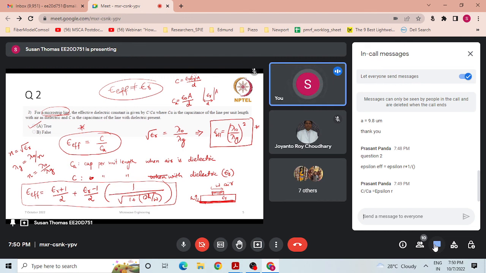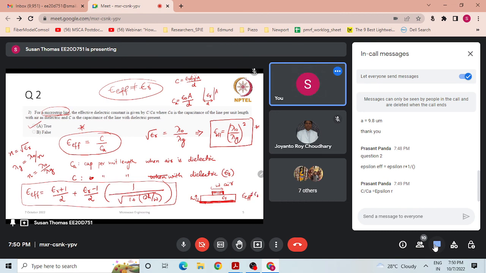When it comes to a microstrip line, the width of the strip is smaller compared to the size of the ground plane. So we can't consider it like a parallel plate capacitor, and its epsilon effective is not the same as epsilon r.